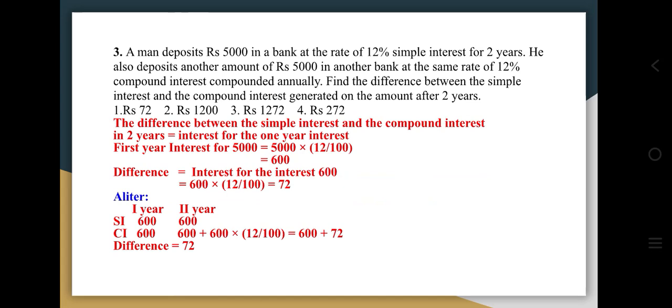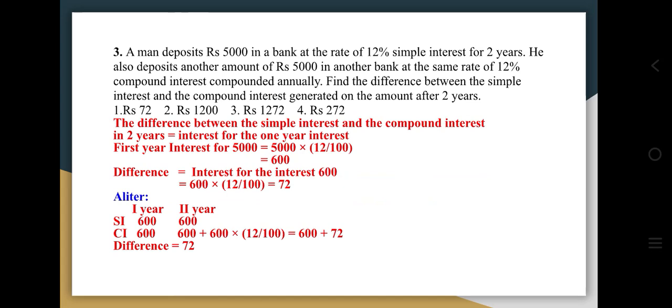Okay. What is the compound interest? The first year compound interest is same as simple interest, which is 600. What is the second year interest? Second year interest is the same 600 plus interest for the interest 600. So the second year compound interest is 600 plus interest for 600 at 12% rate.